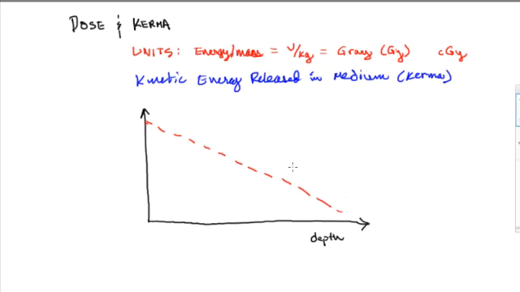They're absorbed, they're scattered, and so on, and so you're depositing less kinetic energy released as you go down deeper. Now dose does not look like this curve. It starts low, it builds up for a reason that I'll explain in a minute. It exceeds the Kerma curve, and then it follows along with Kerma down to deeper depths.